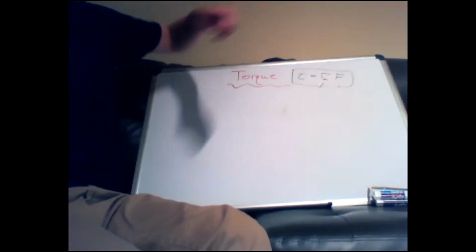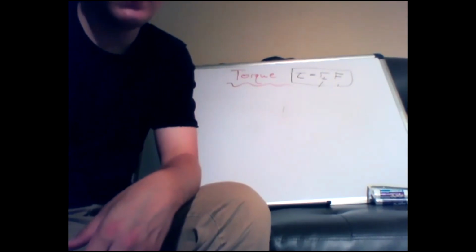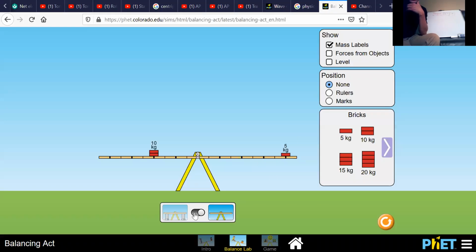All right, so I'm going to screen share here, and I am going to bring up a little simulation that we have. This is a PhET simulation. Right here is this little triangle looking thing. That's what we call a fulcrum. It's the pivot point.